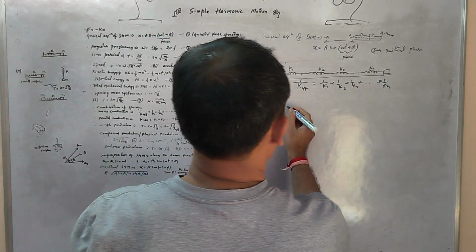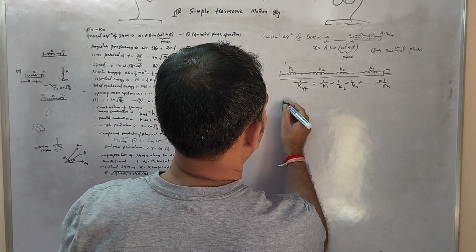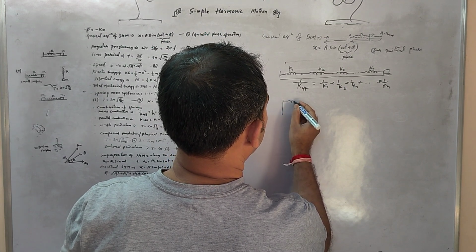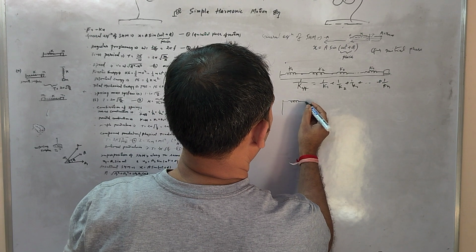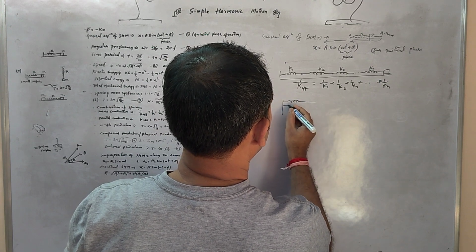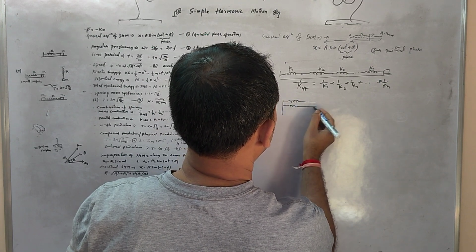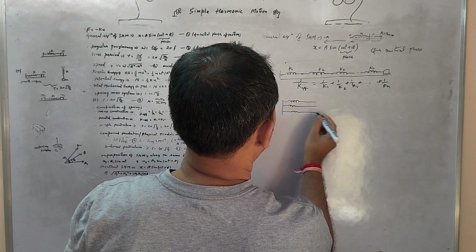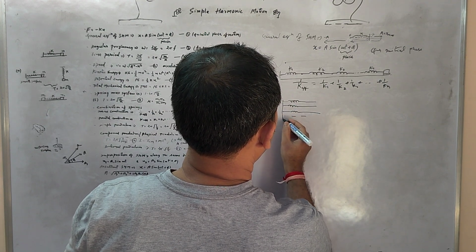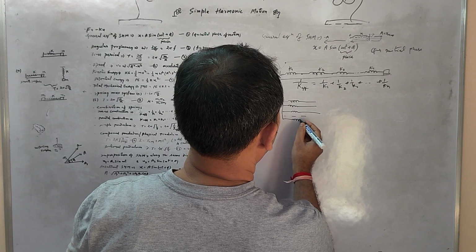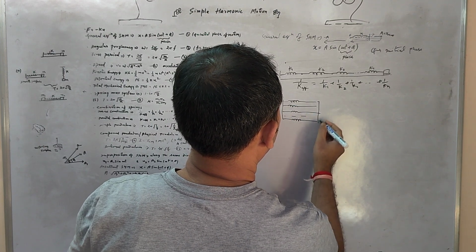Now if we have a parallel combination of springs, n springs are connected in parallel.